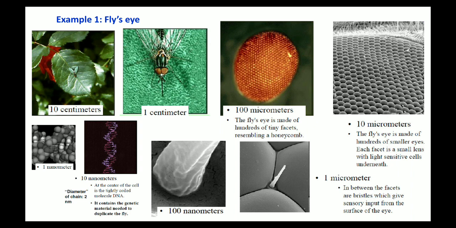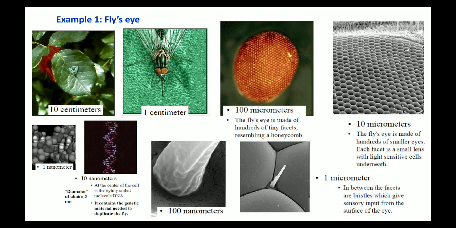The first image you can see is taken at 10 centimeter, then next to it the image is taken at 1 centimeter, then 100 micrometer, then 10 micrometer, 1 micrometer, 100 nanometer, 10 nanometer and 1 nanometer.